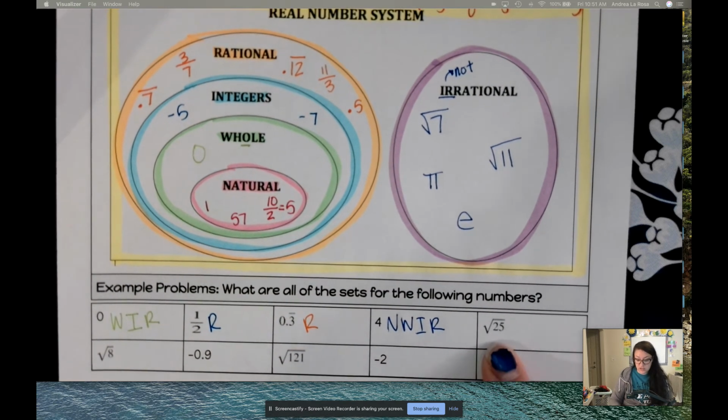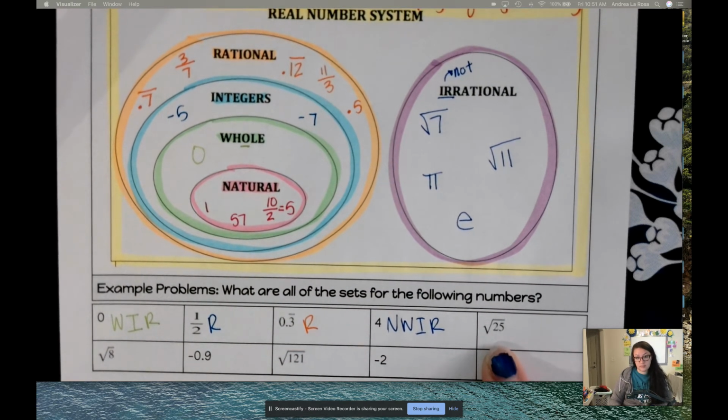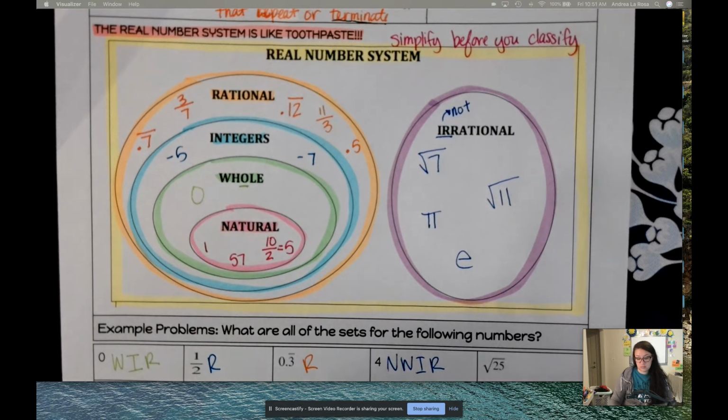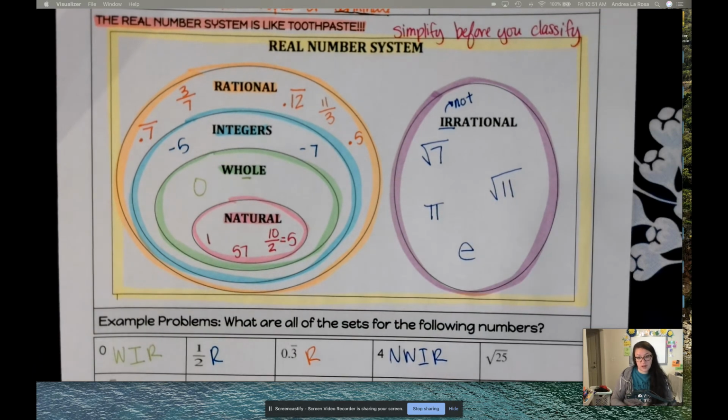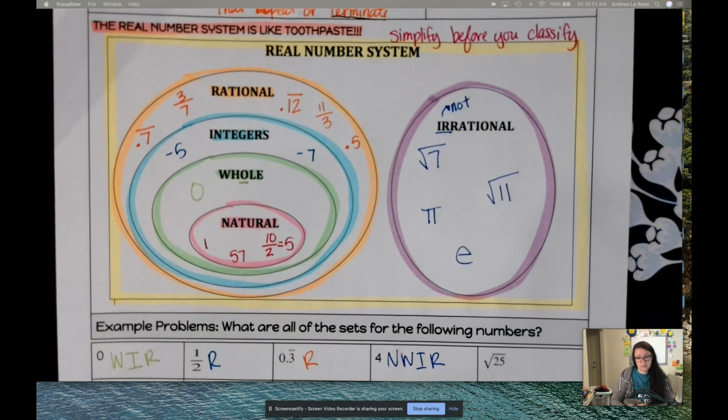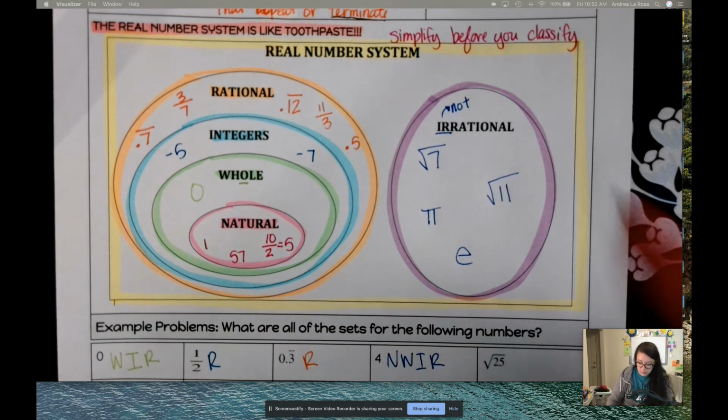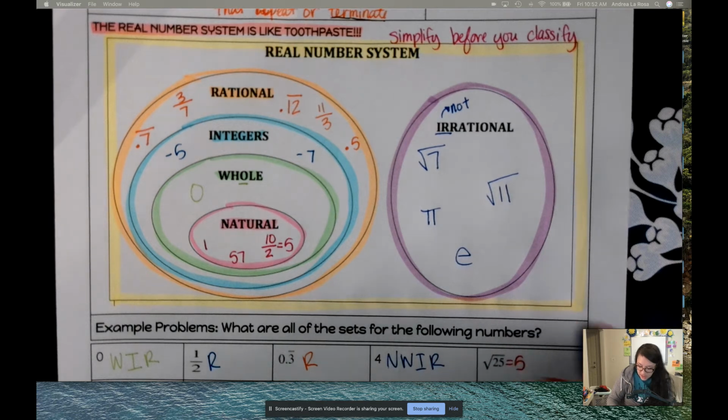Okay, the square root of 25. I'm going to have you try this one on your own. What is it? The square root of 25 is equal to 5.